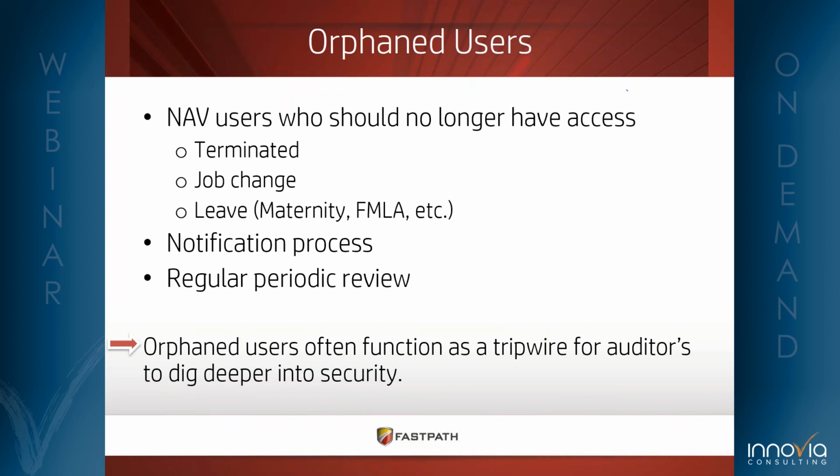So you certainly want to have that process put into place, and then also do regular periodic reviews, because even with that notification process, things can get missed. Okay, an email comes from HR saying Joseph was terminated, no longer with the organization, please remove his NAV access, and it comes to you in the middle of some big project you're working on.